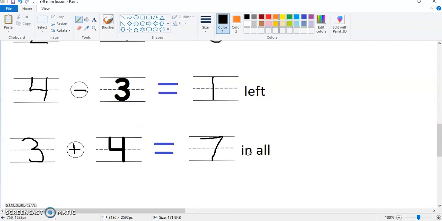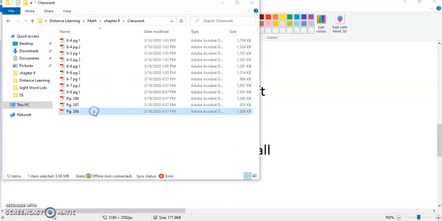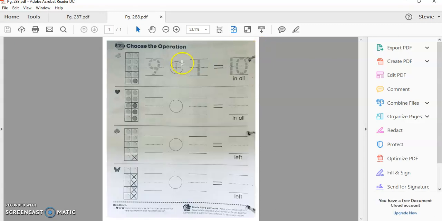All right, friends, it is now your turn to go and do your work. On the back of the page, looking at this side of the page, you need to decide, are you adding or are you subtracting? And you need to decide how many. So when we're adding some, look, there's some yellow, some green.